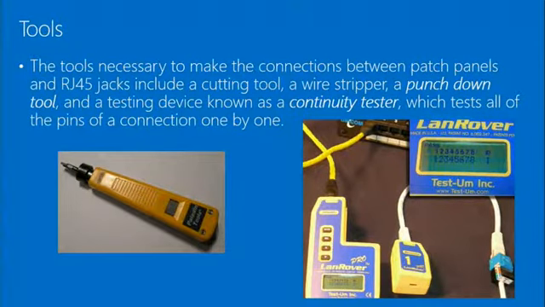So we've talked about patch panels, we've talked about RJ45 jacks, we've talked about crimpers, the tools to make the cables. Here's some of the tools needed to create the patch panel and to test some of those connections that we've made. RJ45 jacks, the cutting tool, the wire stripper, the punch down tool.